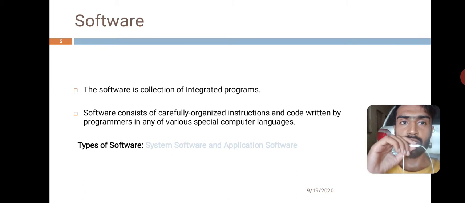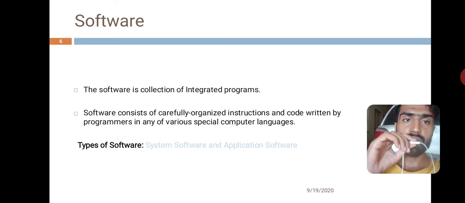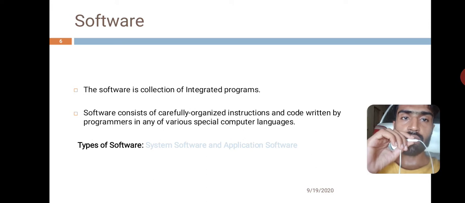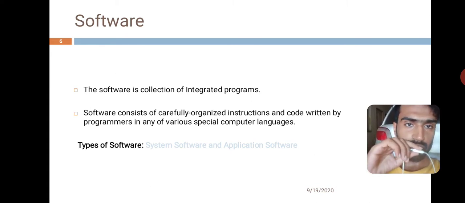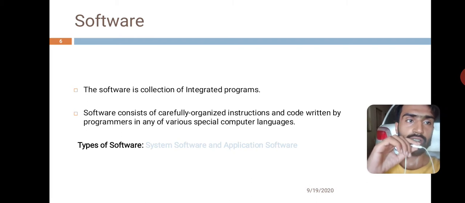Software. Software is a collection of integrated programs. Software consists of carefully organized instructions and code written by programmers in any of various special computer languages. Types of software: system software and application software.